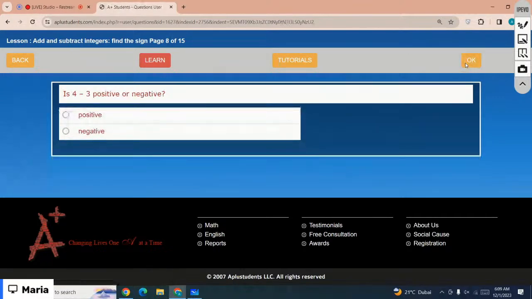Is 4 minus 3 positive or negative? Yes, it is positive.